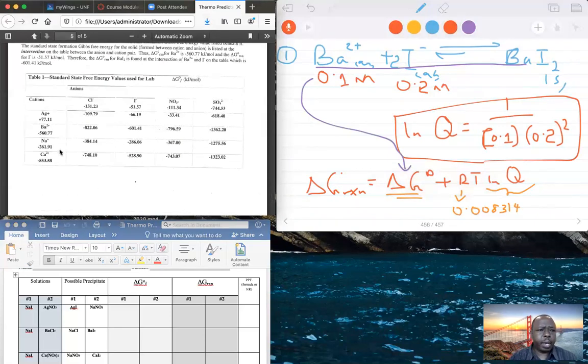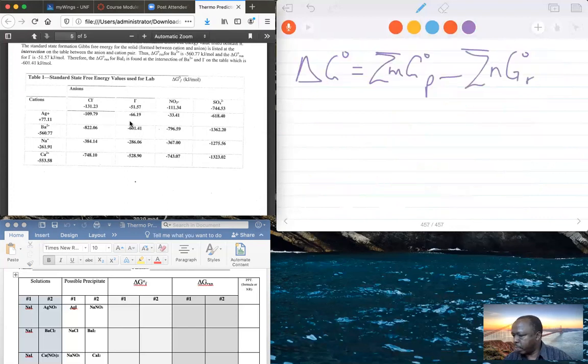We are looking at barium and iodide. This is where you look at where it formed, barium iodide, and delta G naught for barium iodide is, this is product.